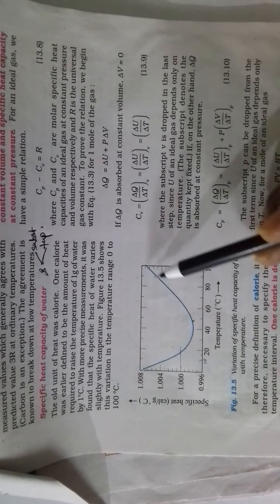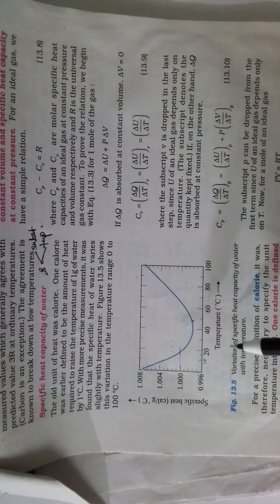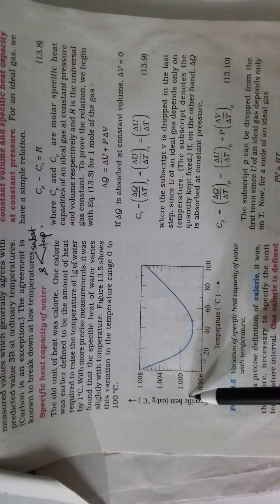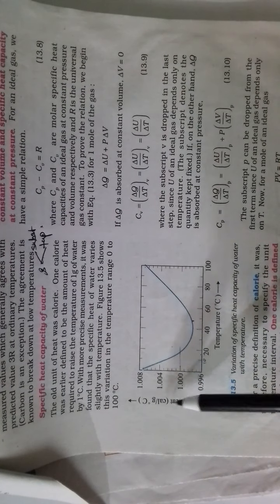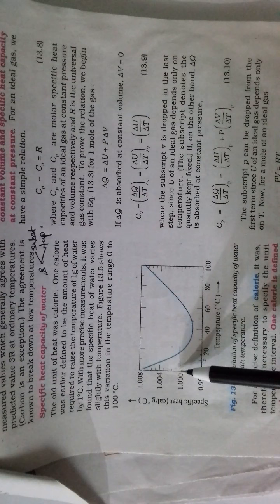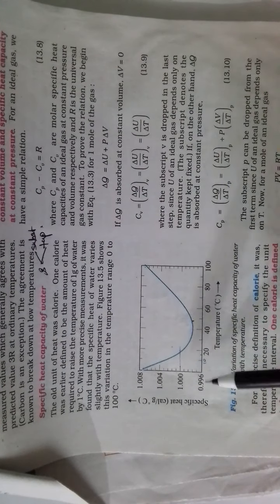With temperature, first the specific heat capacity gradually decreases, reaching a minimum value, afterwards again increasing. At which temperature is the specific heat capacity 1 calorie per gram? Draw a horizontal line, and where it touches the curve, draw a vertical line. That will be between 14 and 15 degrees centigrade.